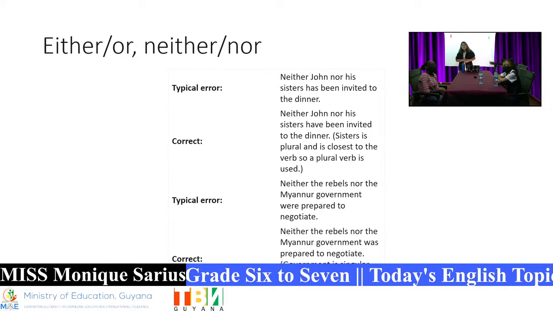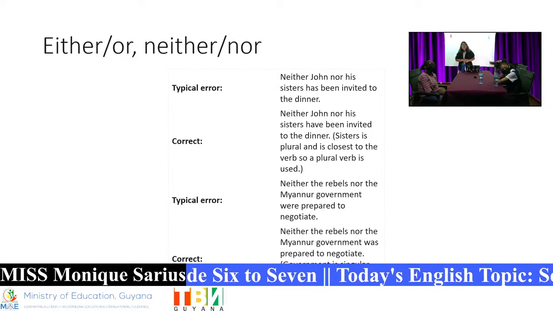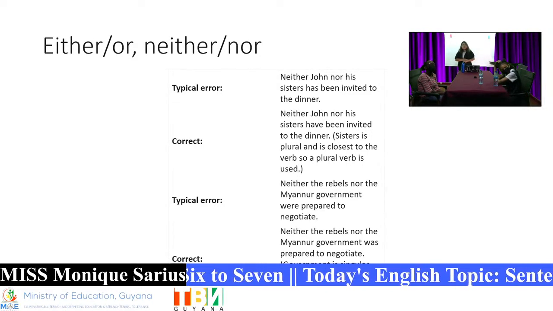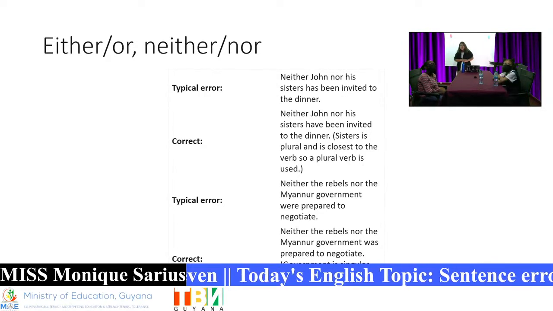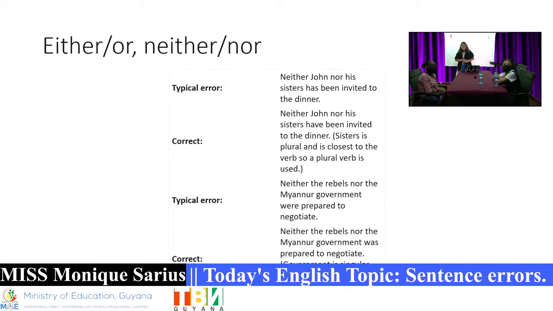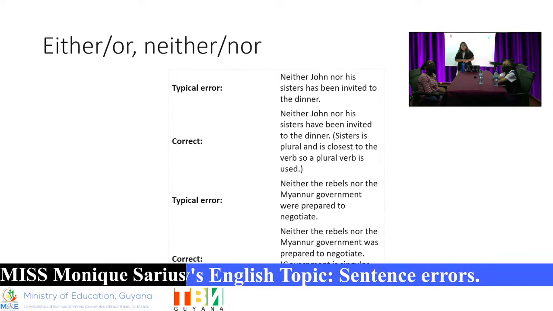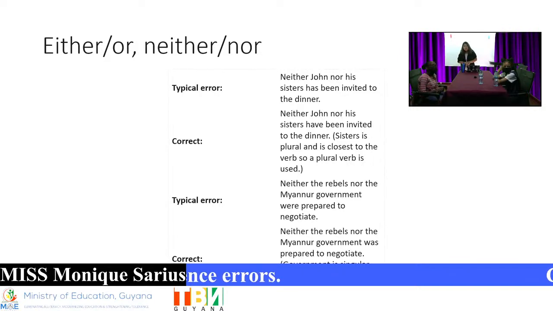Neither the rebels nor the Myanmar government were prepared to negotiate. So let's identify the verb. What's the verb here? Rebels will be the noun or the subject. Myanmar as well, subjects, so those can't be verbs. So your options for verbs are were, prepared, to negotiate.